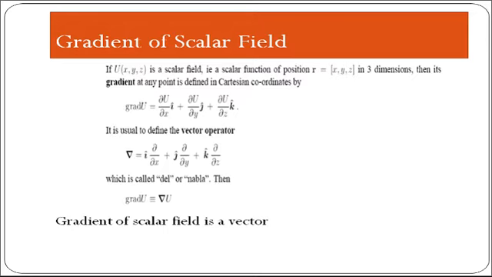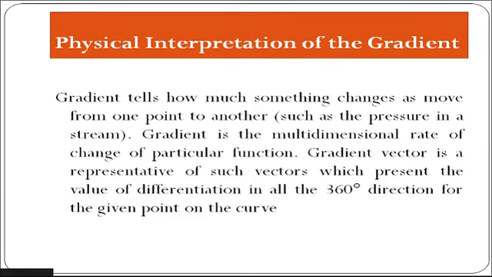It is usual to define the vector operator del equal to i ∂/∂x plus j ∂/∂y plus k ∂/∂z, which is called del or nabla. Then grad u is equal to del u. So u is a scalar quantity, but when del operates on it, this gives a vector quantity. So the gradient of any scalar field is a vector quantity.